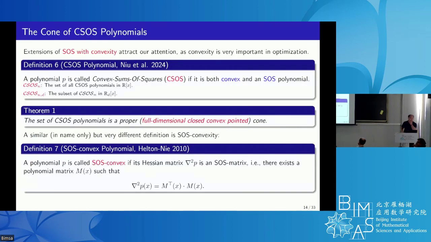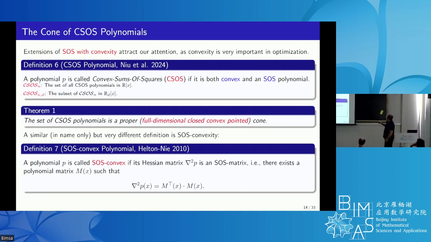Right? So here we think about a little bit of extension of sum of squares. Before, a sum of squares may not be convex. If we add some convexity, that attracts our attention in recent years, because convexity is important in optimization. With convexity, everything is beautiful; otherwise it's extremely hard.